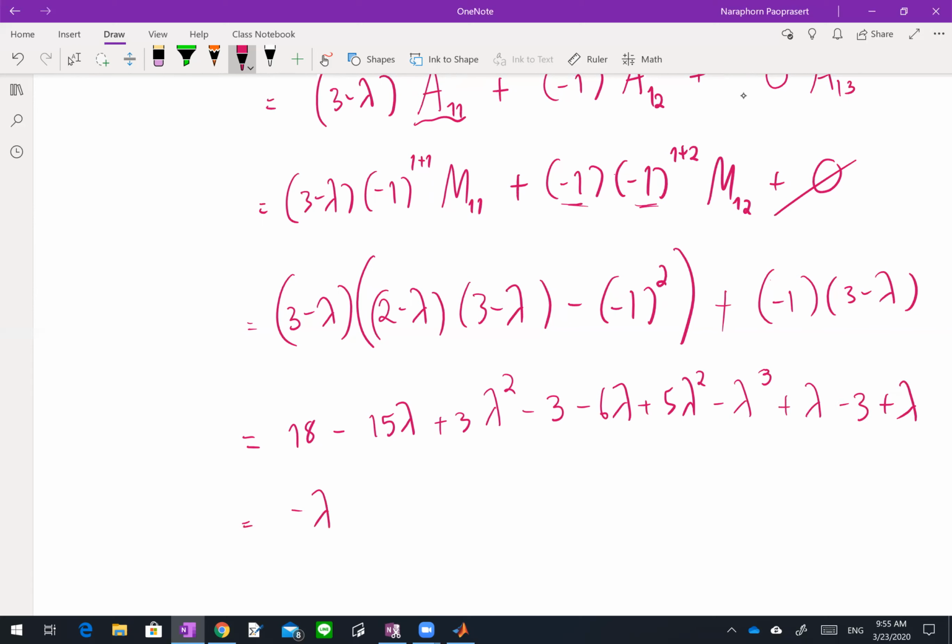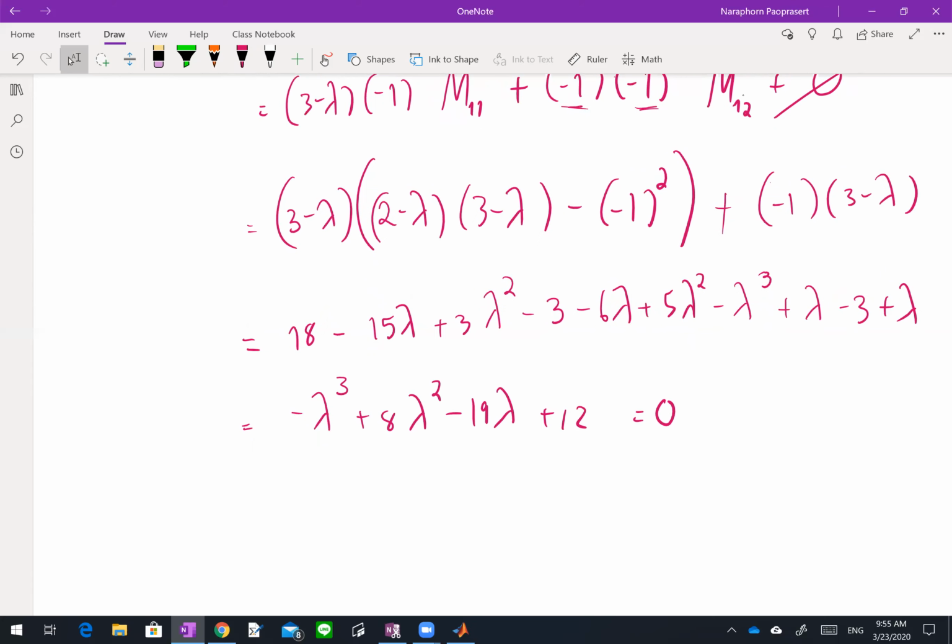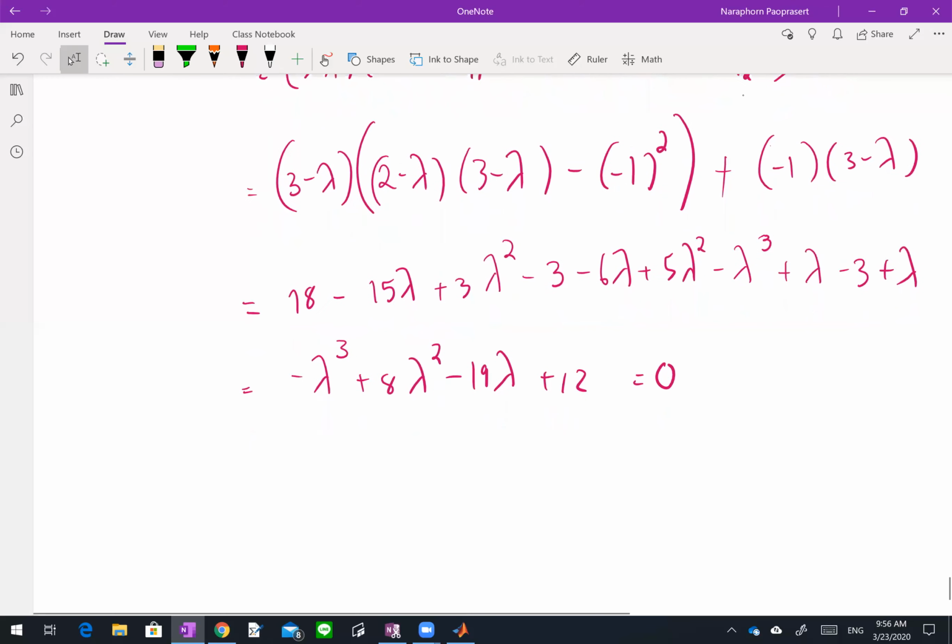Eventually, I have minus lambda cubed plus 8 lambda squared minus 19 lambda plus 12 equals 0. Okay, to solve this you can use any method, such as a calculator or anything, but I'm not focusing on this that much. So I can have it factored into factors.